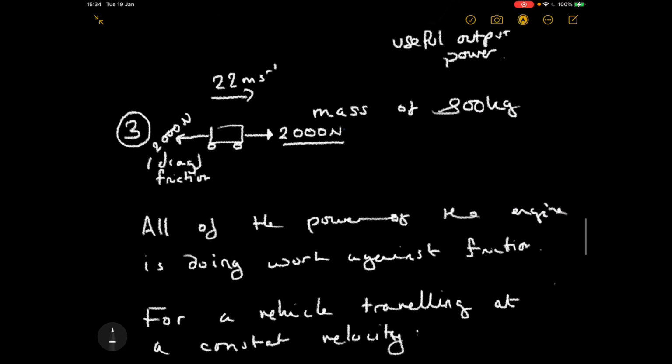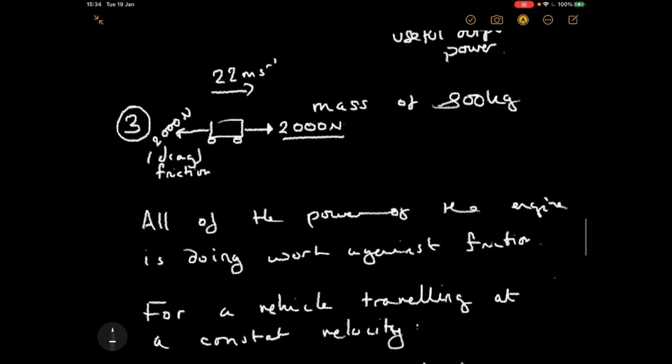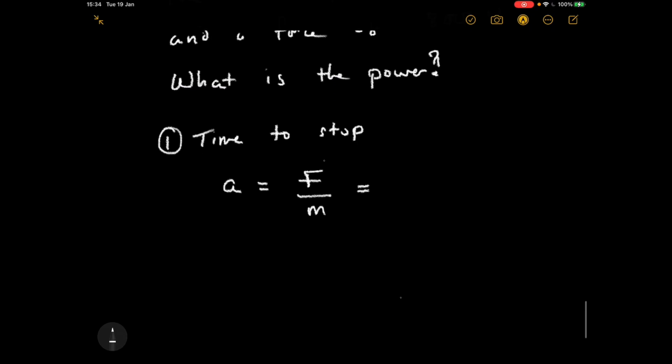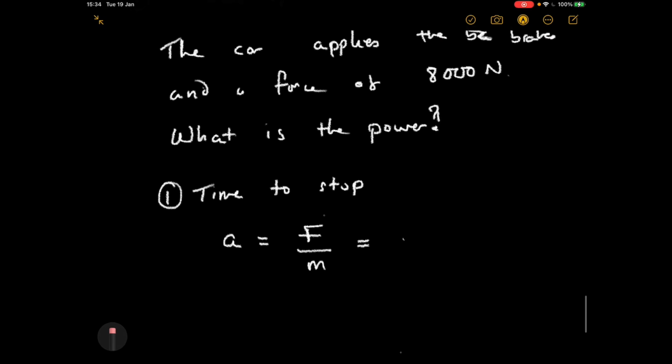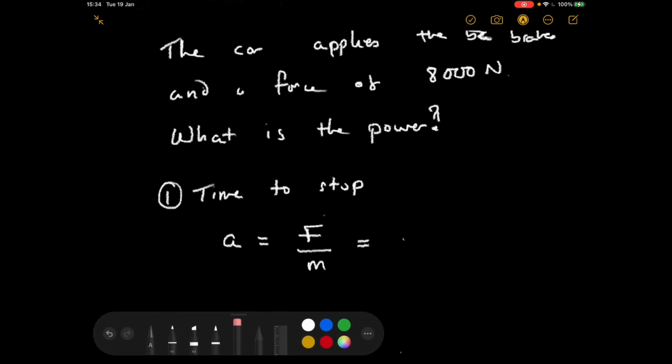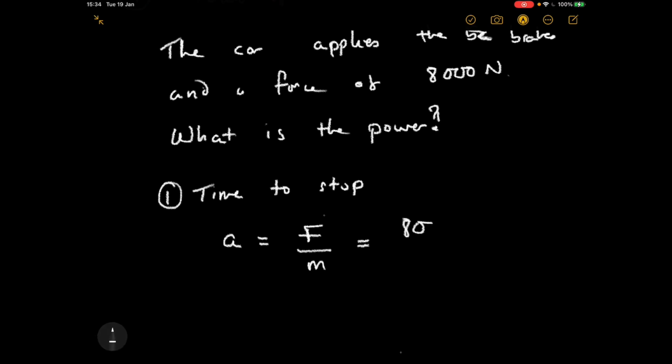We had an 800 kilogram car. So 8,000, oh, excellent, I've done 8,000. That wasn't even intentional, but never mind. So 8,000 newtons of force over an 800 kilogram car. So we've got 10 meters per second squared as our acceleration.